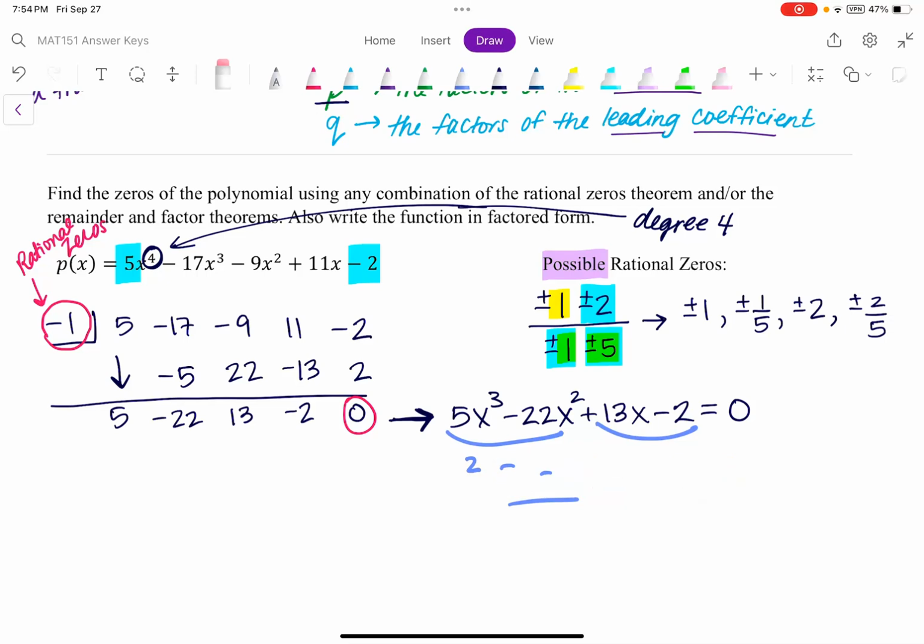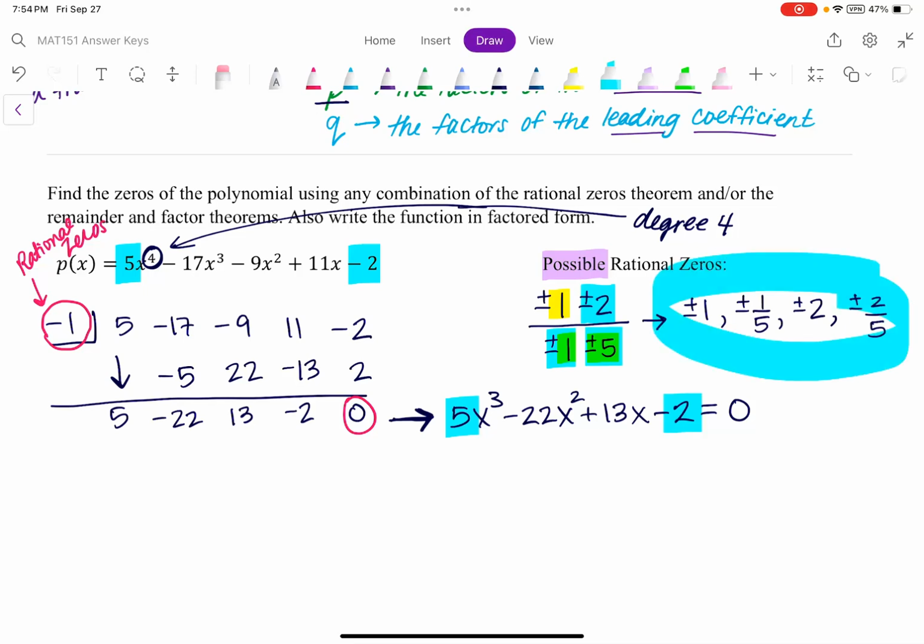So grouping is not going to work, and that's why I have to use the rational zeros theorem again. Now notice when you look at the constant, which is 2, and the leading coefficient is 5, we have the same exact possible rational zeros list. So we're still going to use the values from this list.